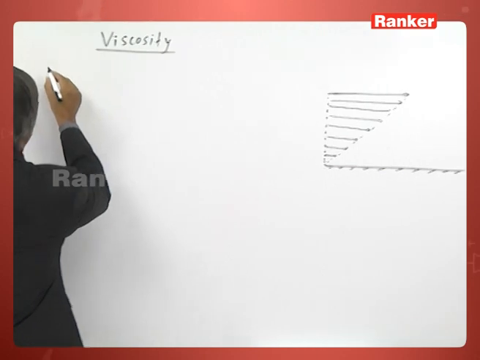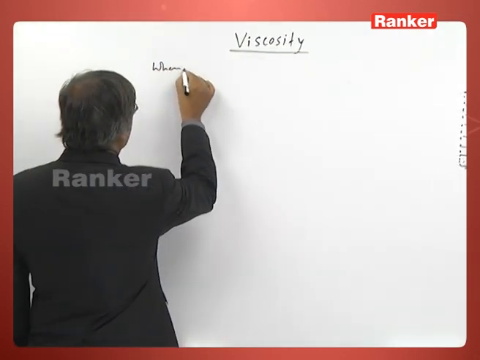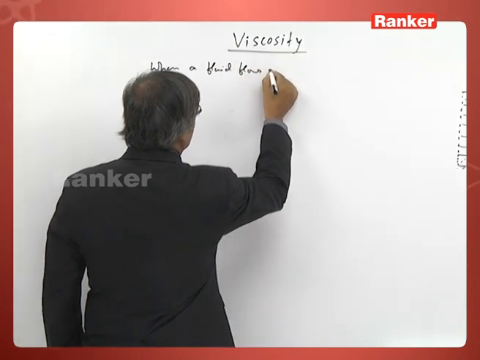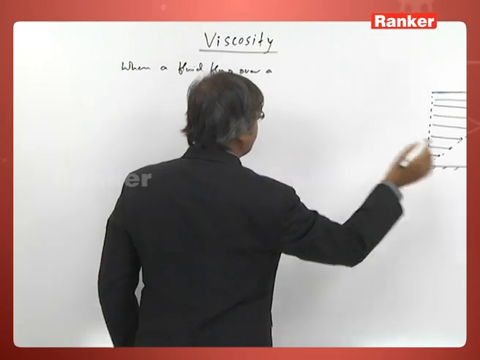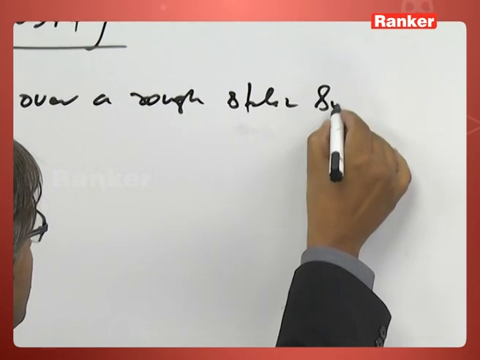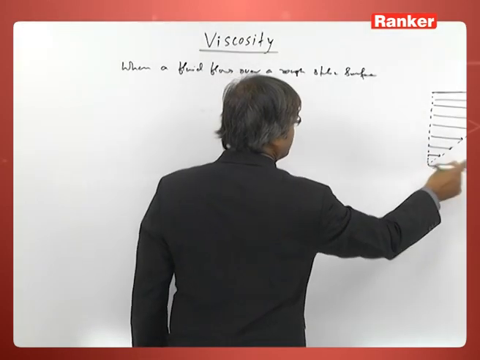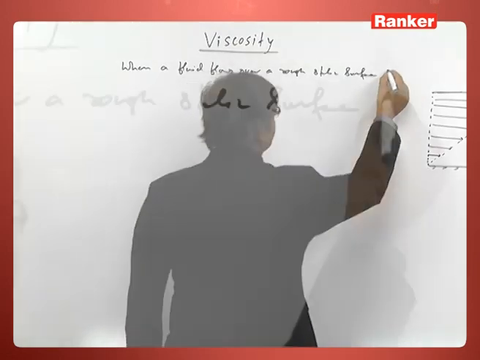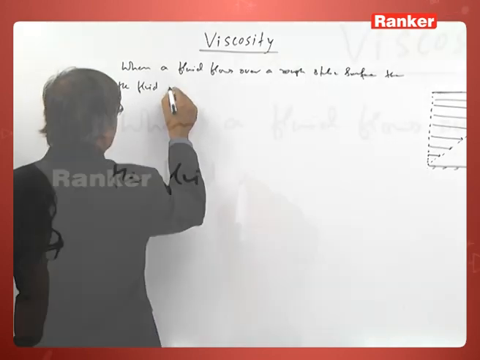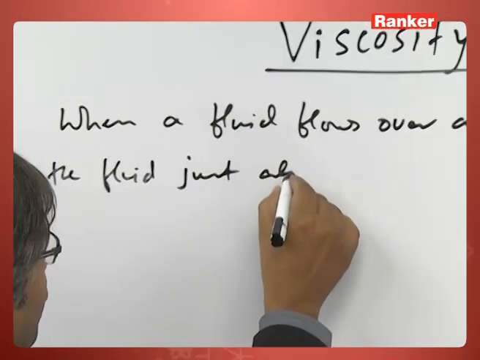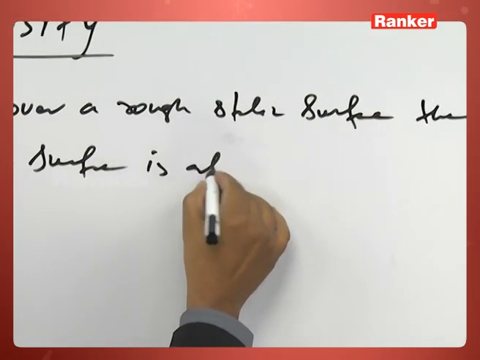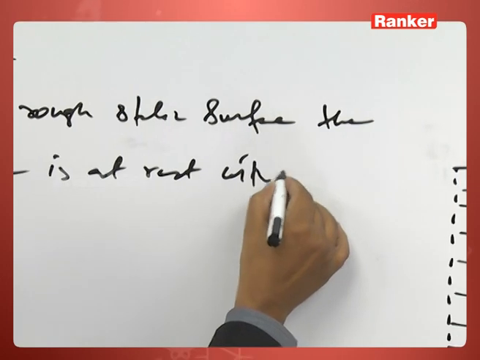So, when a fluid flows over a rough static surface, that means the surface is not moving, then the fluid just above the surface is at rest with respect to it.